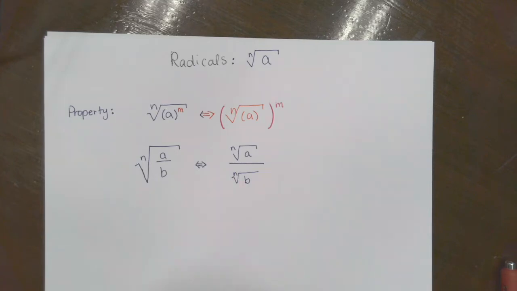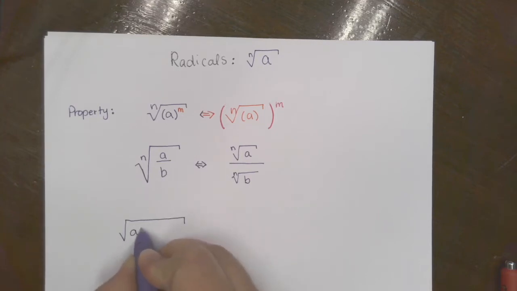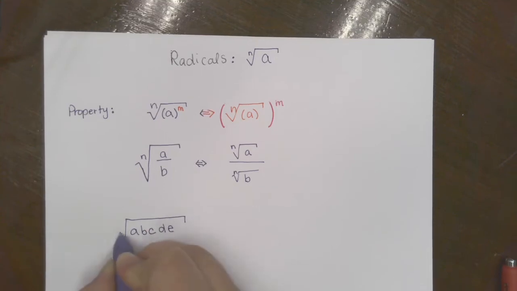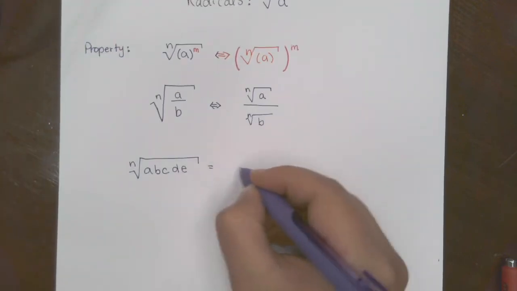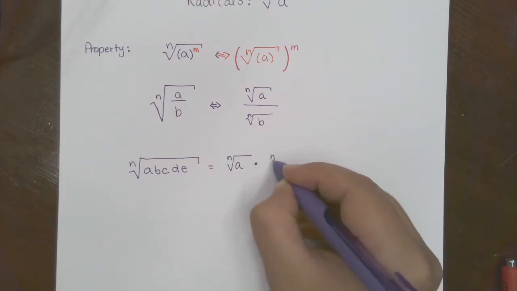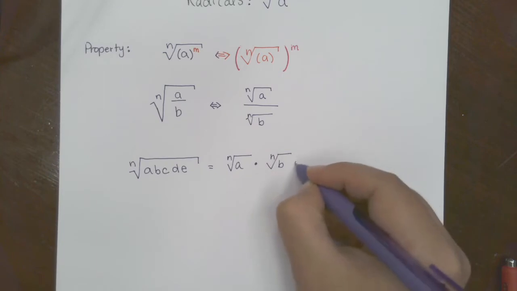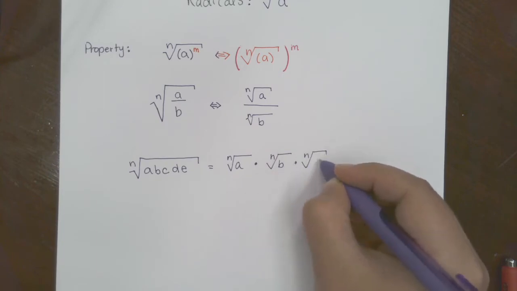And then the last one we're going to talk about is the product property that says if I have something like A, B, C, D, E, F, G, Q, R, S, W, Z, it doesn't matter. You have a bunch of things in there. You can undo that by writing it all out. Now the catch is your index has to be the same when you're writing out. You can't just randomly change your index.